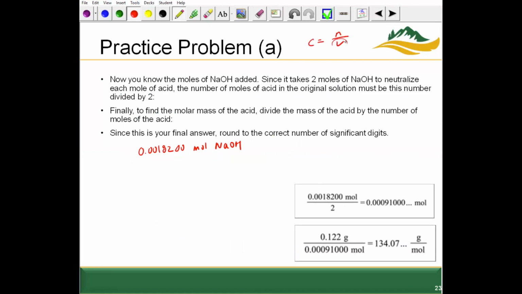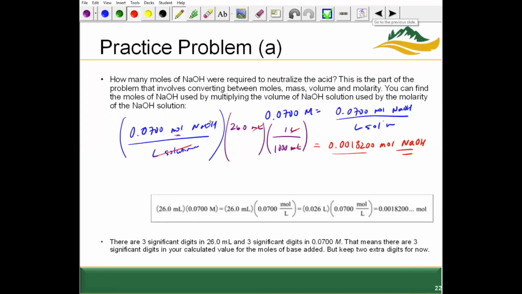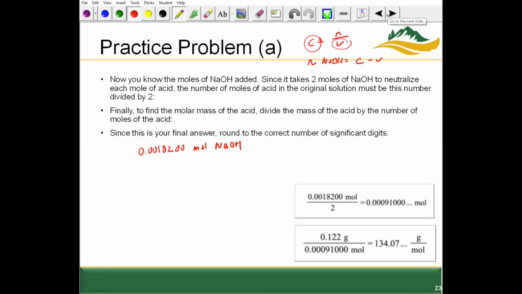We had the volume and the concentration, so to find the number of moles of NaOH, we took the molarity times the volume. We practiced that earlier in chapter 4. So now we got this many moles of NaOH using this reaction, making sure we converted milliliters to liters.